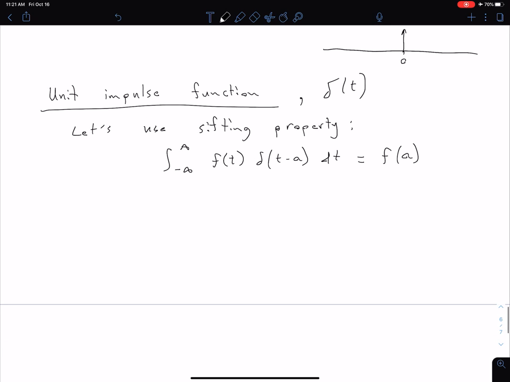So with that in mind, let's write our Laplace transform equation. We have the Laplace transform of delta of t is equal to the integral from 0 minus to infinity of delta of t times e to the minus st dt. And so we see the limits on the integrals are different.